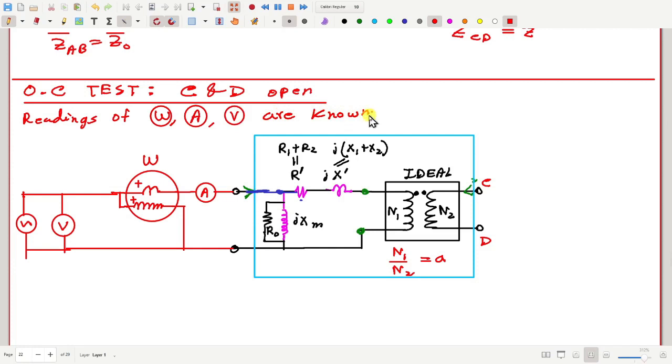Then from that, can we find out the value of R0 and jXm? This wattmeter is measuring which power? Power consumed where?